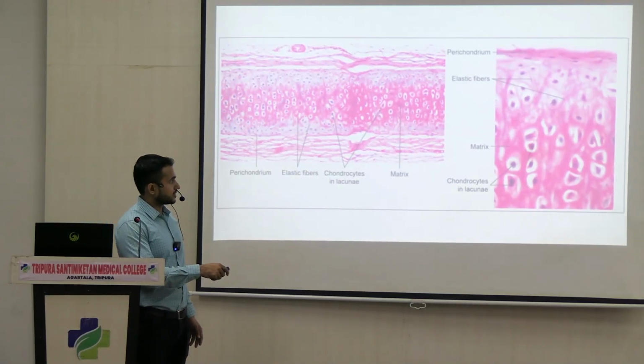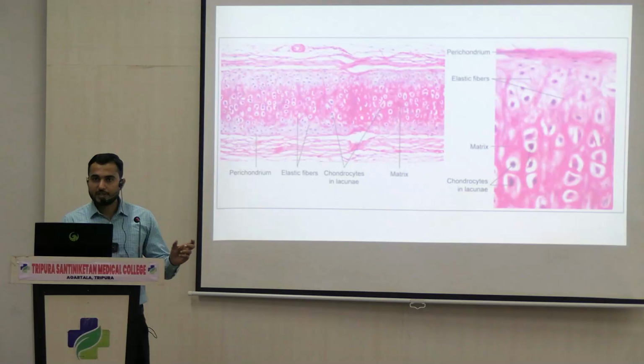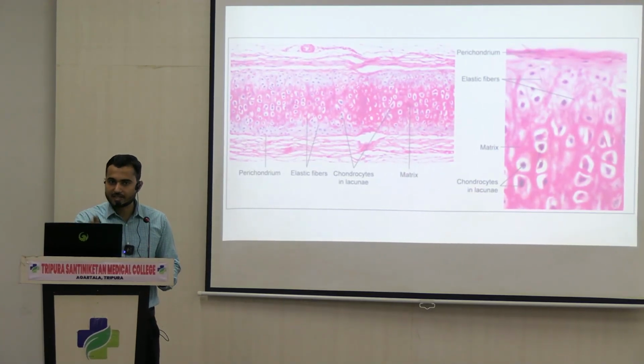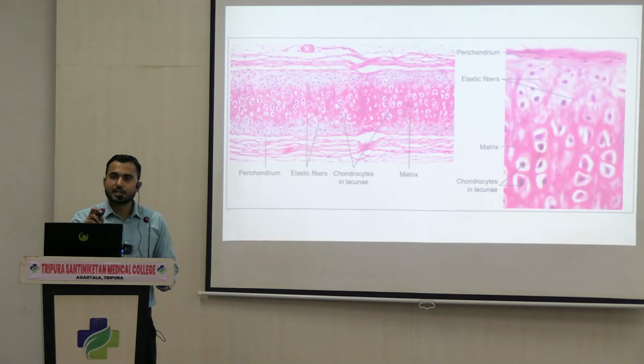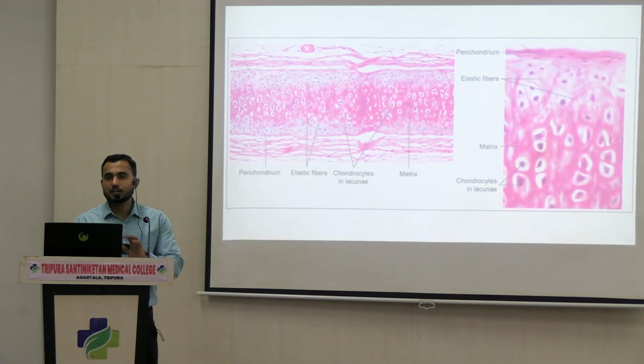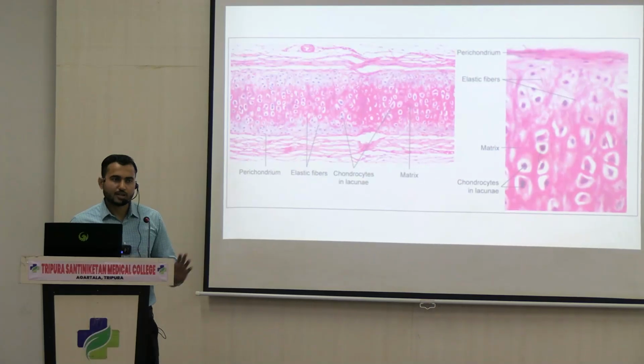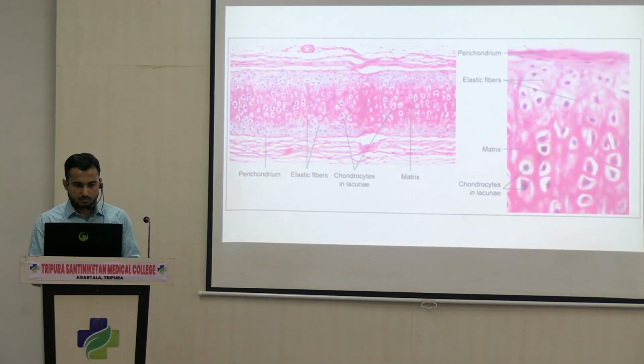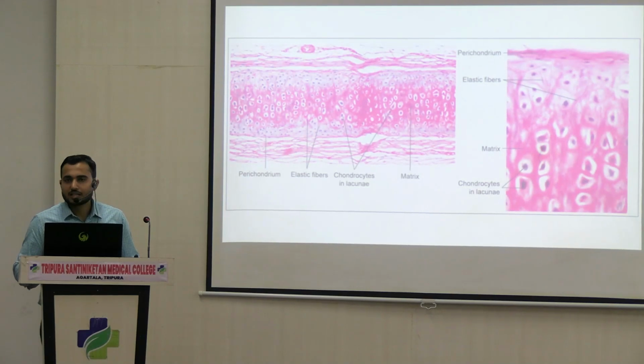Now here the arrangement is not the same as the hyaline cartilage. Hyaline cartilage has cell nests, but here in the lacuna 1 or 2 chondrocytes are there, and the lacunae are larger. Further details will be discussed in histology class. So that is all about the elastic cartilage.